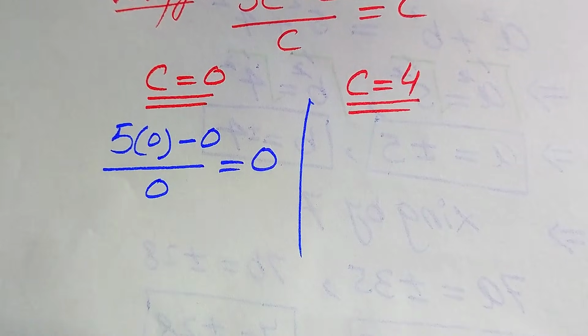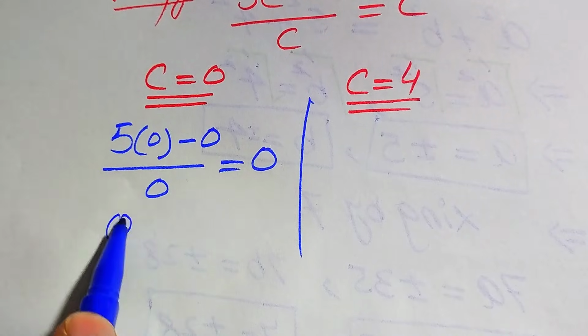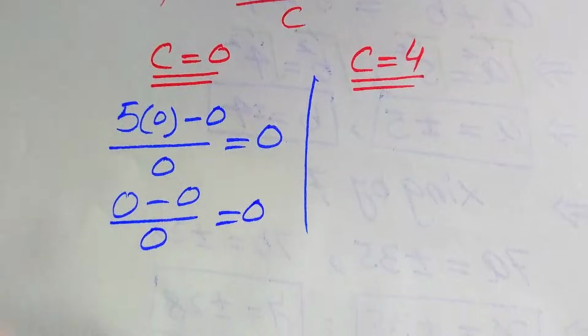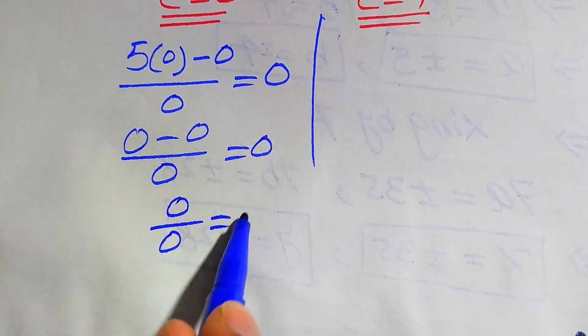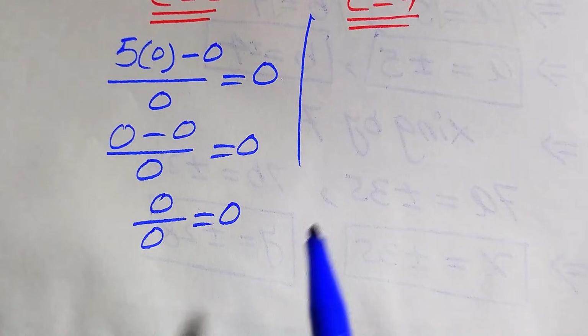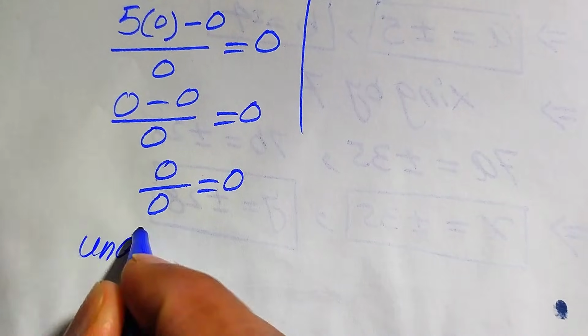This is the substitution of the value of c. Now you see that 5 times 0 becomes 0, and this is 0 minus 0 over 0 equals to 0. We know that 0 minus 0 becomes 0, so the left hand side becomes 0 over 0 form, or in other words, it is indeterminate form, or we call it undefined.